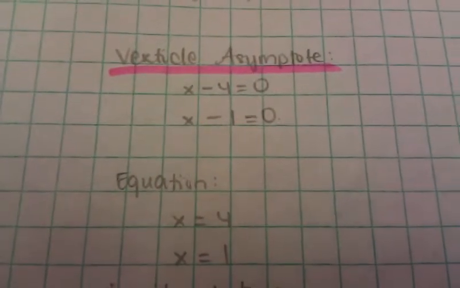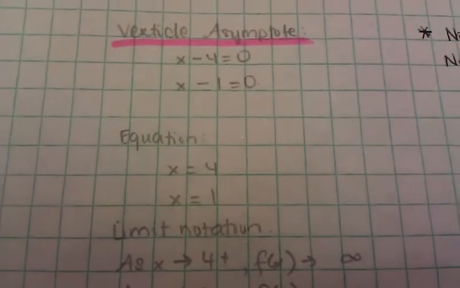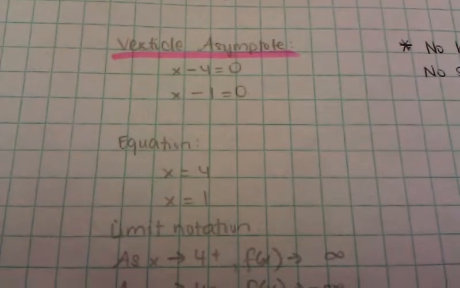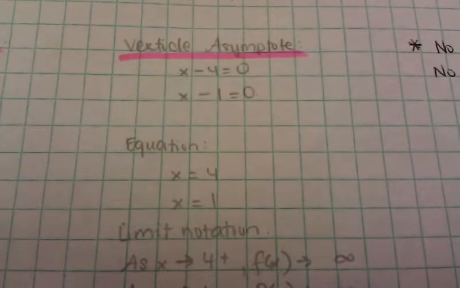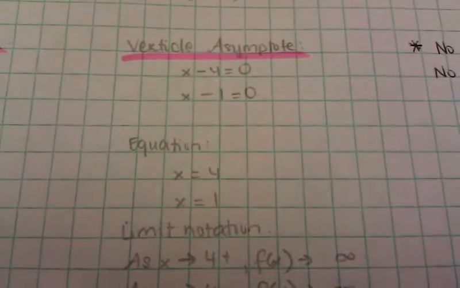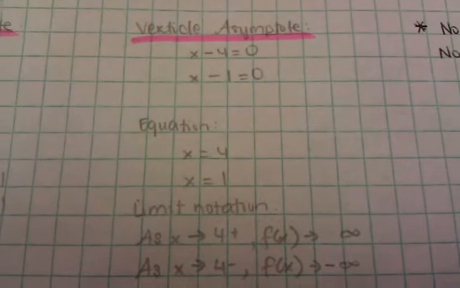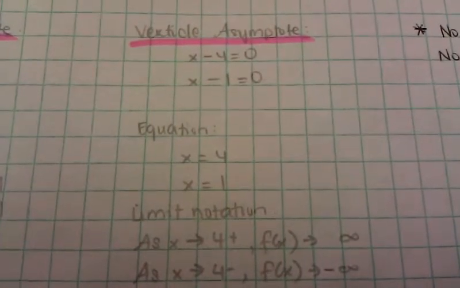The limit notation will be: as x approaches 4 positive, f of x approaches infinity. As x approaches 4 negative, f of x approaches negative infinity.